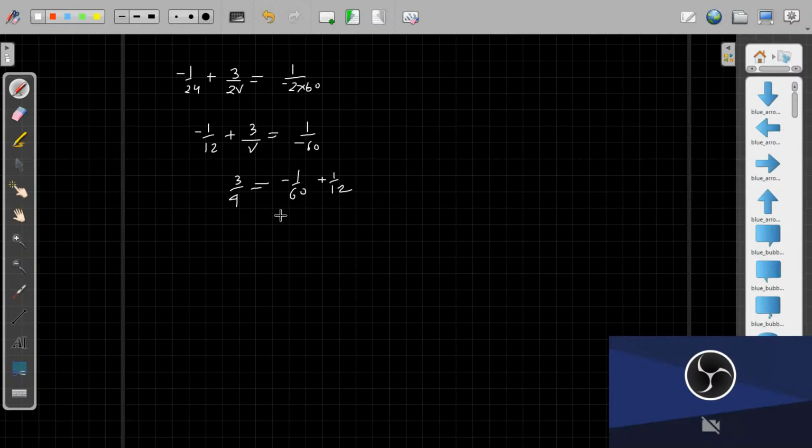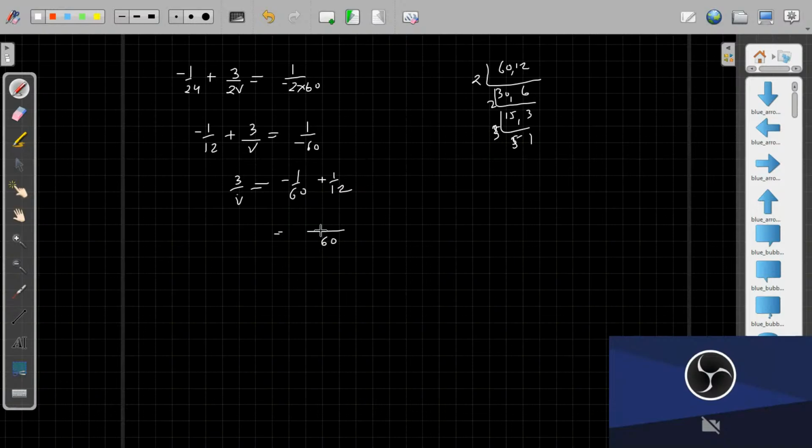Sorry, this is V. Now 60 and 12, what is the LCM? 2 2s are 4, 3 4s are 12, 12 and 5, 60. 60 is the LCM.